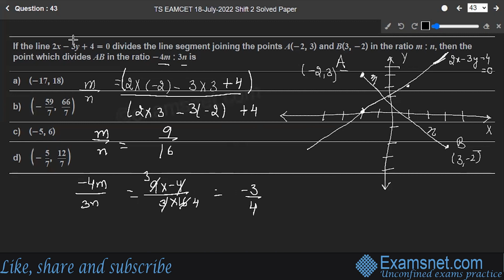Now we have to find out the point which divides the line in this ratio.